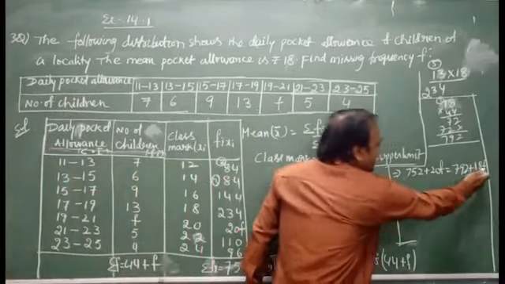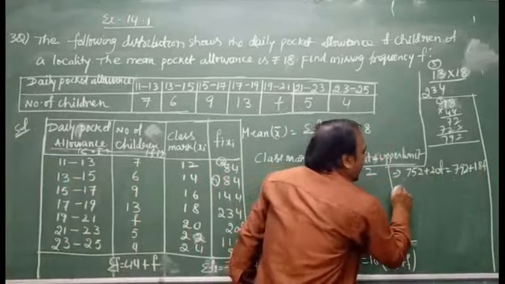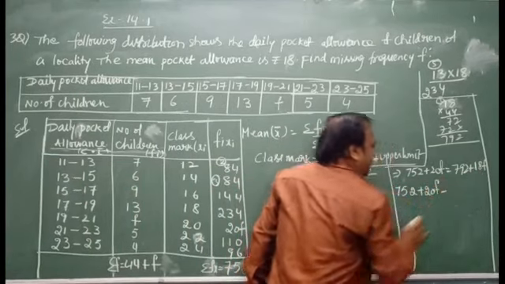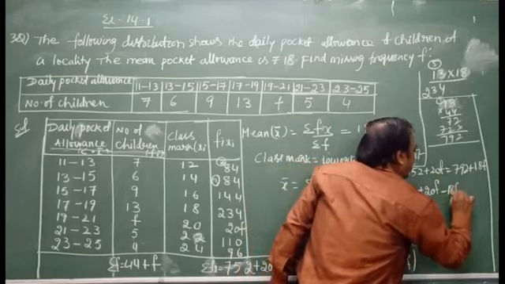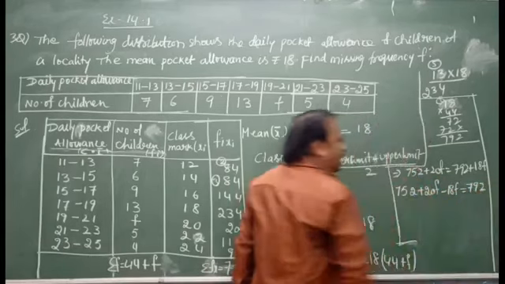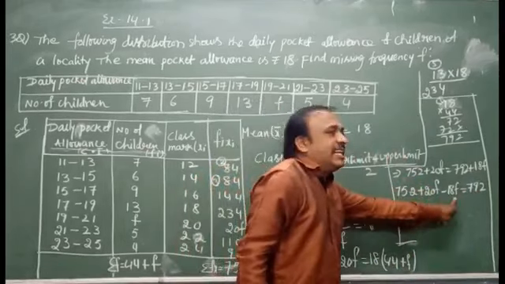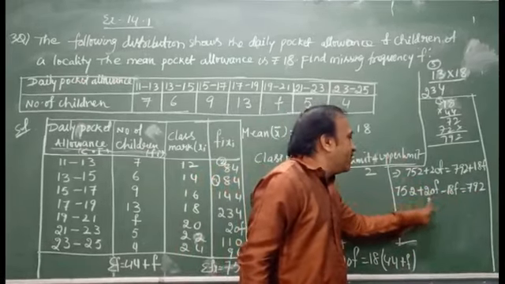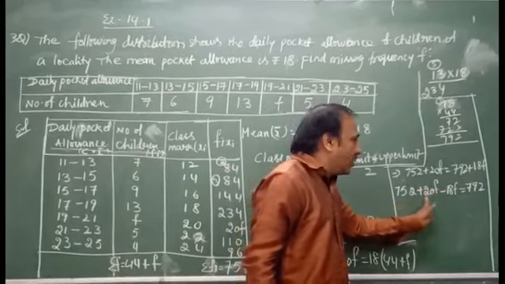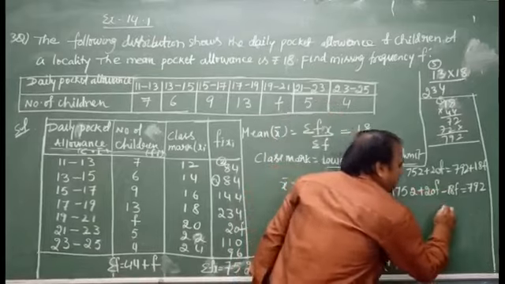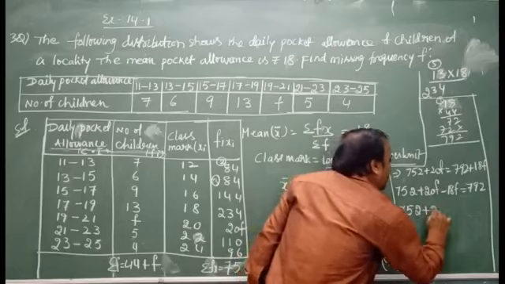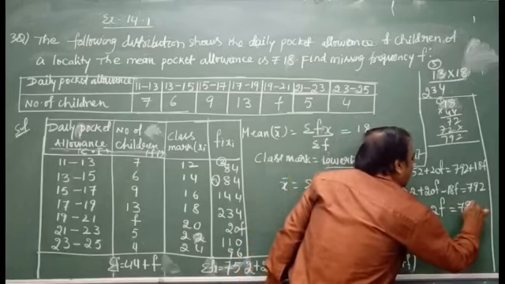So if you bring this 18f towards this side, you obtain 752 plus 20f minus 18f is equal to 792, which is left over. 20f minus 18f, these are like terms which have the same variable, will give you 2f, and this is 752. 752 plus 2f is equal to 792.